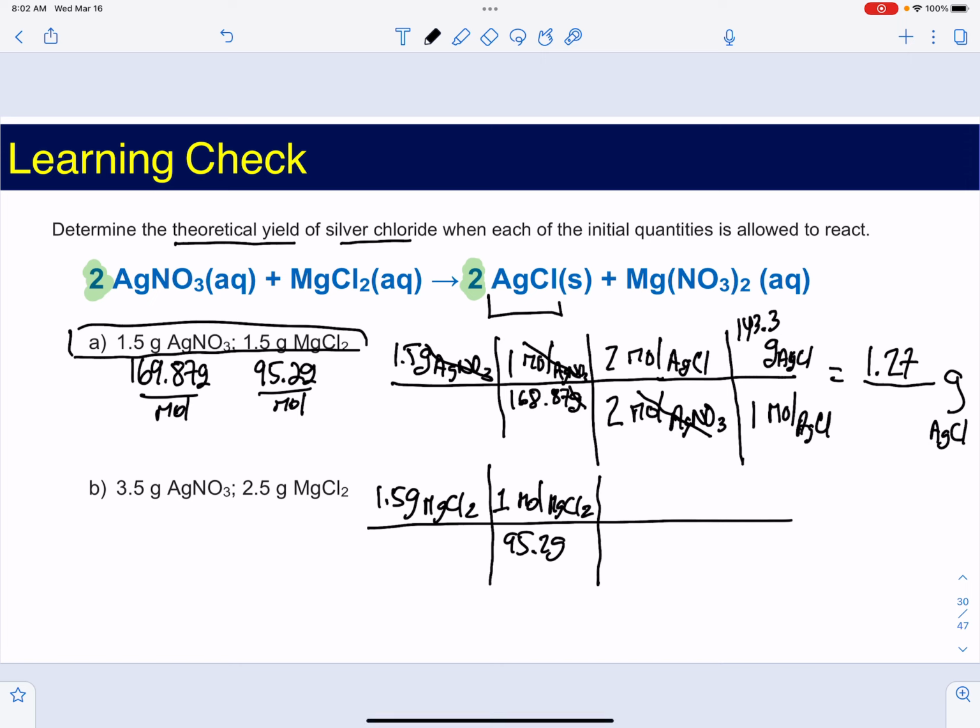And then we will get rid of the moles of magnesium chloride because we want the moles of silver chloride. And according to the balanced equation, you have 1 mole of magnesium chloride for every 2 moles of silver chloride.